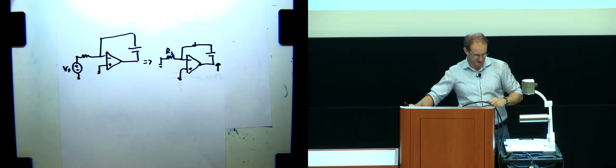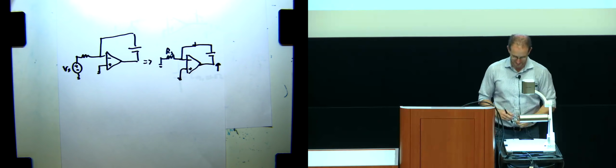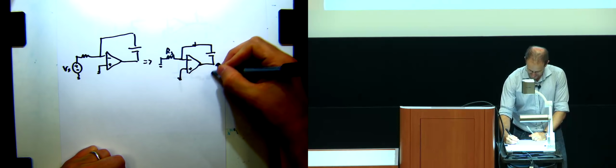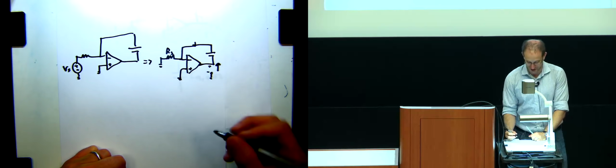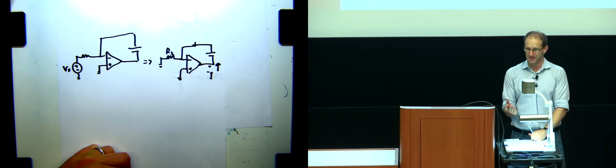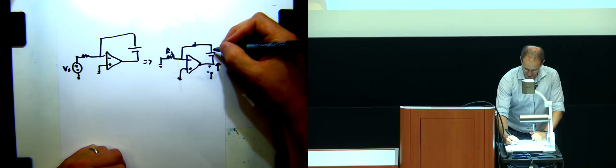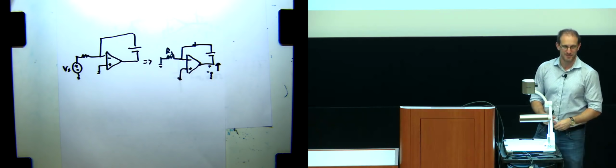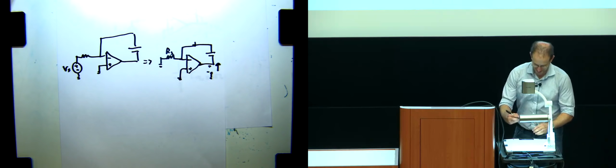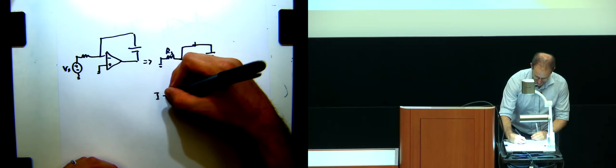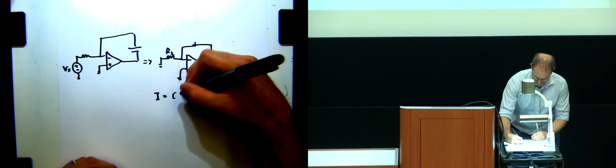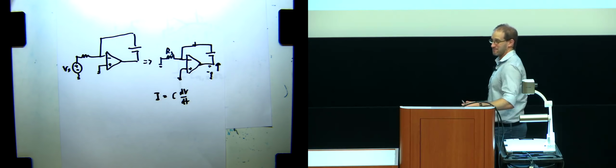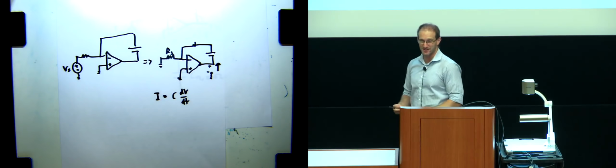Okay, let's go and do that exercise here. If this potential relative to ground moves up, then you're trying to change the voltage across the capacitor. And remember, the only thing we know about capacitors is I equals C dV/dt, the basic relationship of the capacitor.